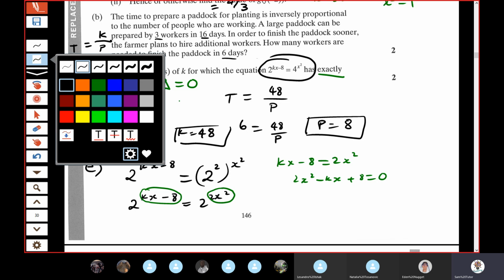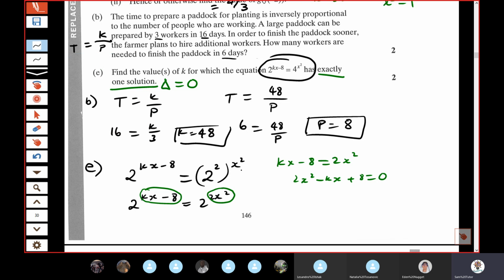So that's a bit of an advanced question. b squared minus 4ac: k squared minus 8 times 8 is 64. So as long as k is plus or minus 8, you will only have one solution.